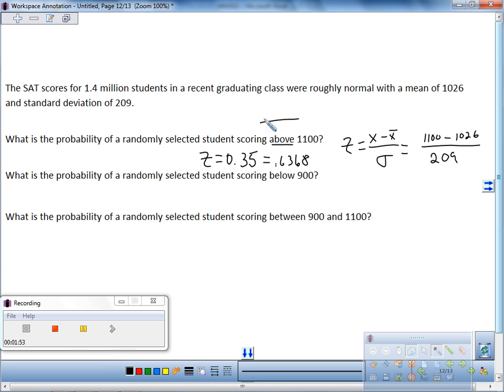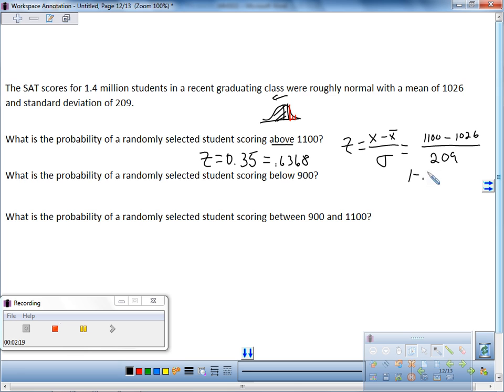If we had our little diagram of our chart here, we're somewhere up here. Well, the 0.6368 represents all of this, so everything back that way. Well, we don't want that. What we want is everything above that. So we know that the whole thing is equal to 1, so what we're going to do is take the 0.6368 and subtract it from 1.